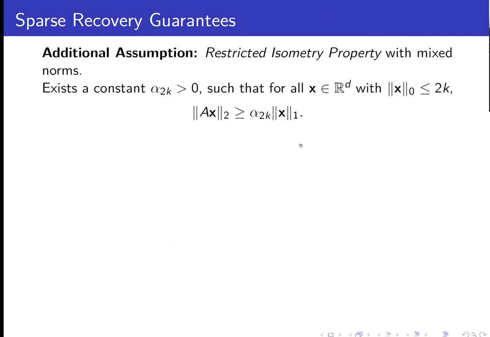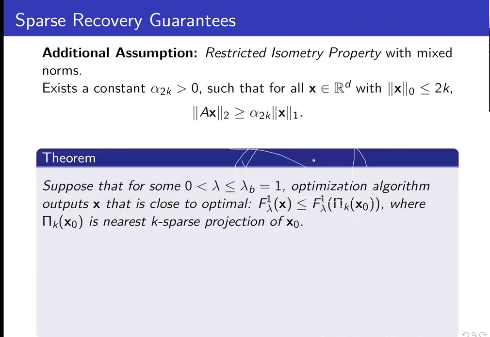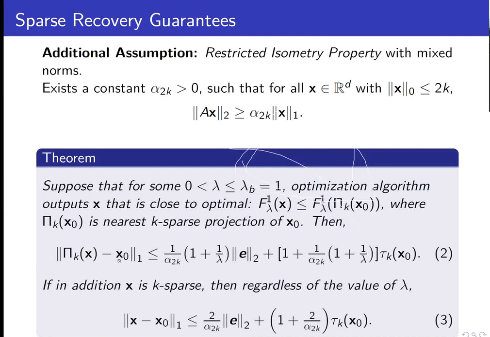And the theorem that we're able to prove is that if you have some optimization procedure which solves this non-convex optimization and is able to find a solution whose objective is smaller than that of the original x0 projected to a k-sparse vector, then you're guaranteed to be close to x0. Okay, and the L1 error guarantee that we have has two terms.